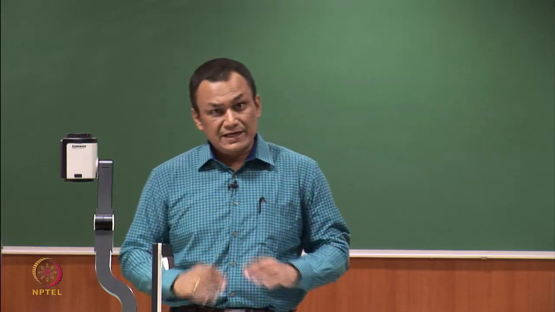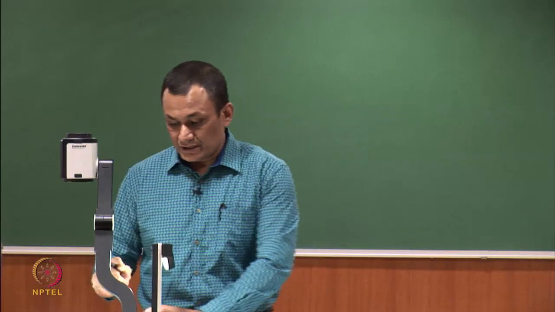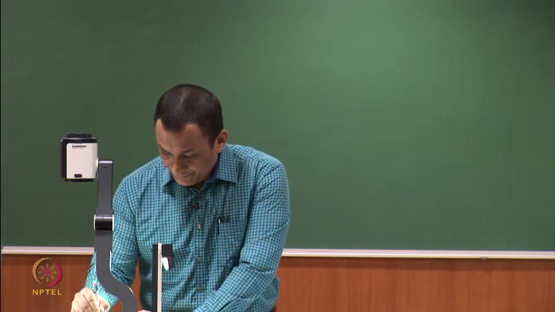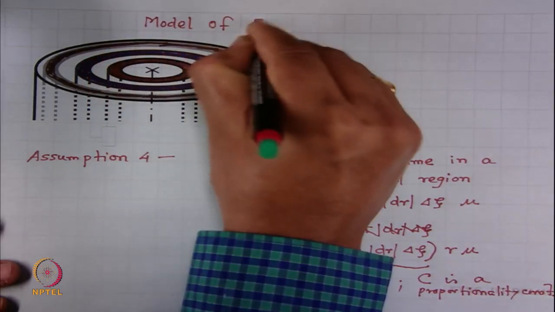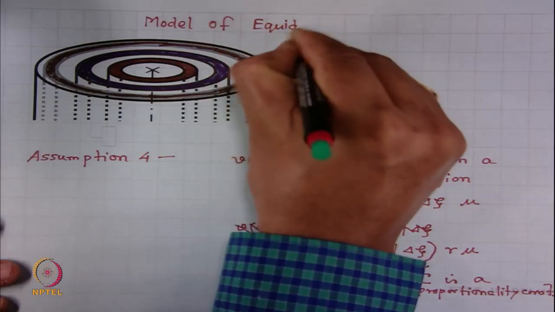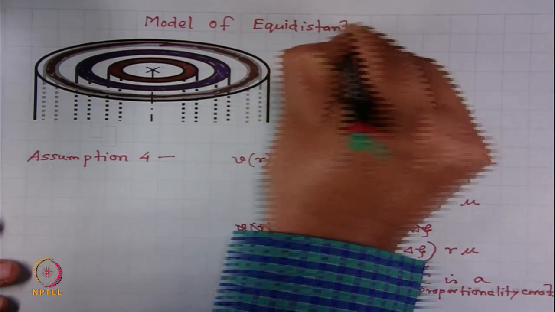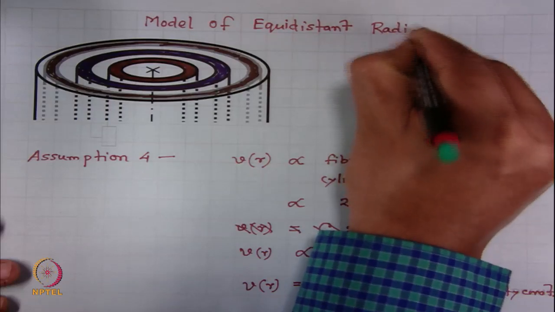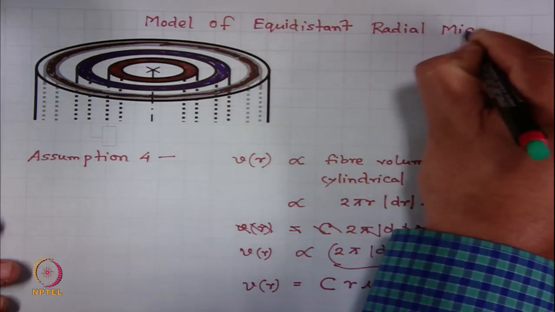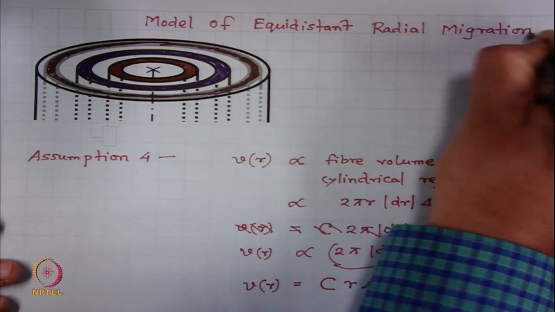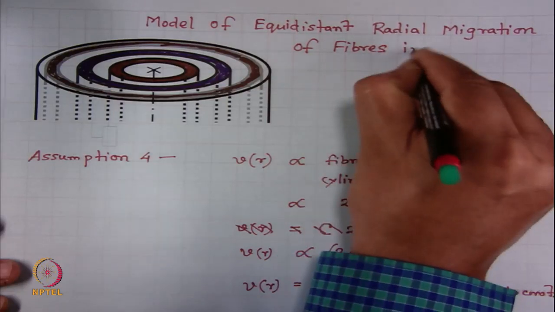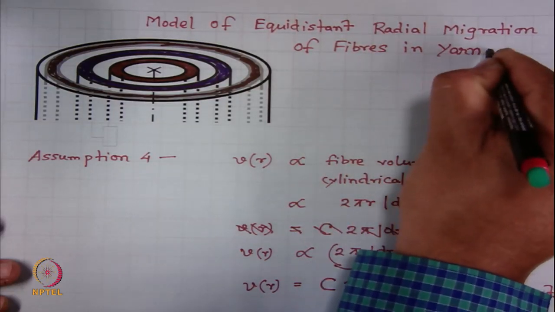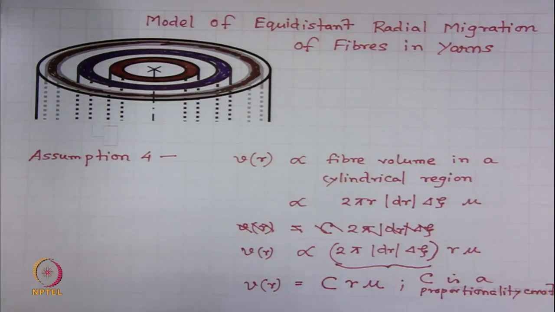So, we are now discussing a new theory which is known as model of equidistant radial migration of fibers in yarns. So, in this model assumption 4 is modified in this manner.